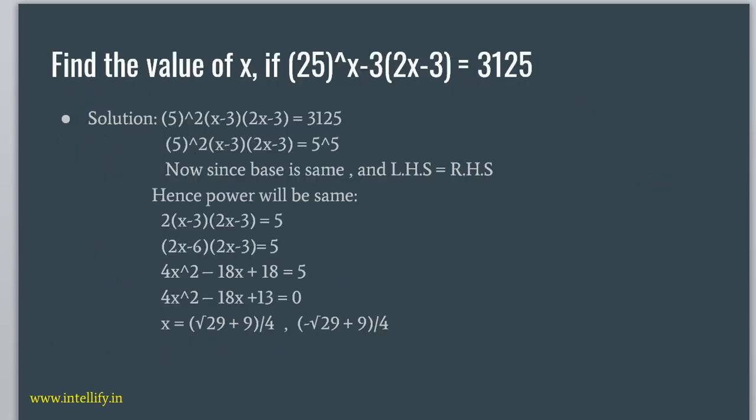Let's jump on to the next question. We have 25 to the power x minus 3, 2x minus 3 equals 3125. We have to find the value of x.